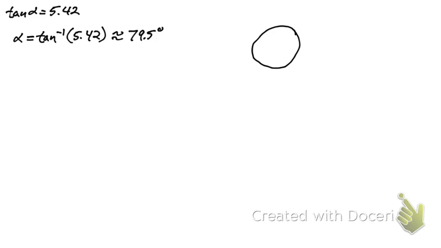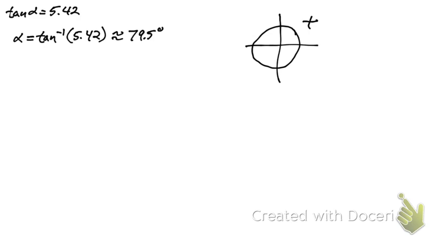So to solve for alpha, if it's not on our unit circle, we actually have to put it in the equation alpha equals tan inverse of 5.42, which comes out to about 79.5 degrees. Well, that's positive, and you just got to think about where tangent is positive. Tangent is positive in quadrant 1.